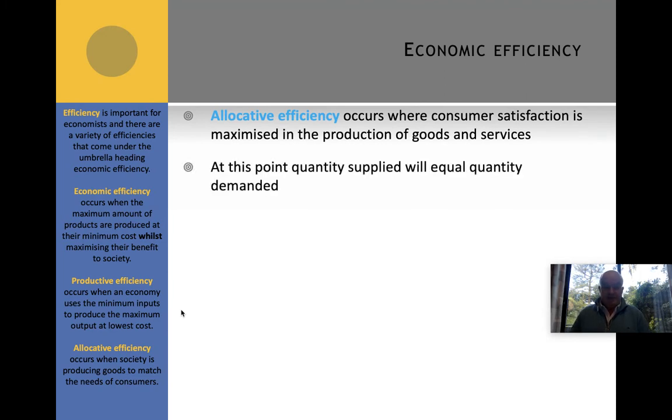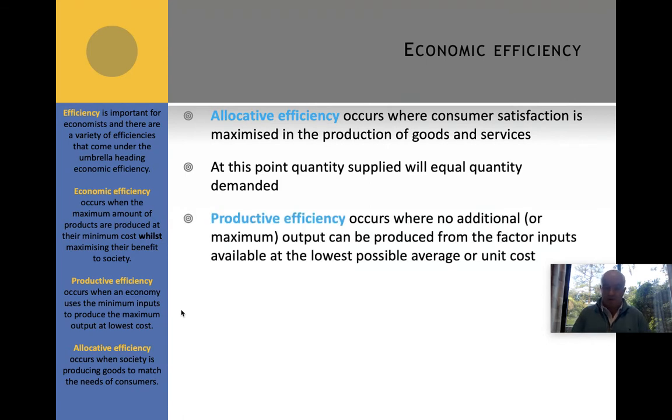So effectively, one good way of demonstrating this is the point at which the quantity supplied will equal the quantity demanded. So effectively, what we're saying is that suppliers will supply at a certain level, and if that's the point at which the quantity demanded is at the same level, then clearly that's showing that we're providing the maximum amount of customer satisfaction at a particular level.